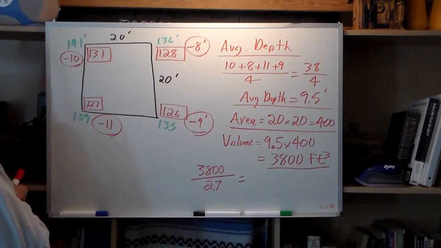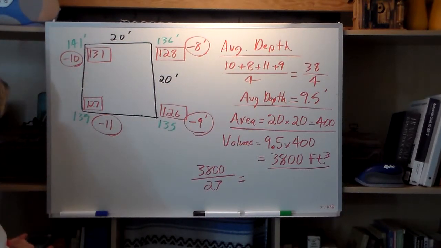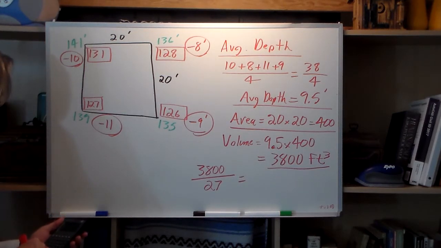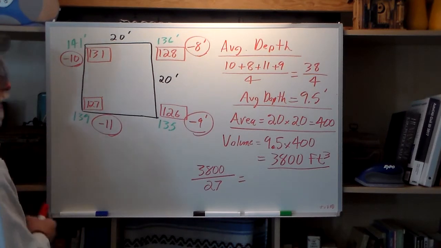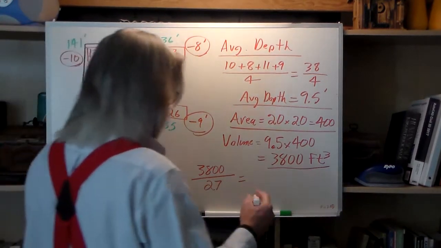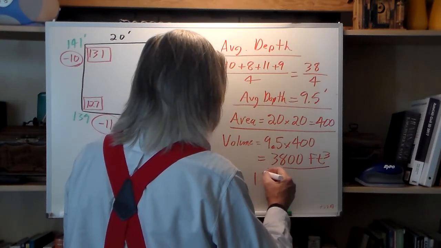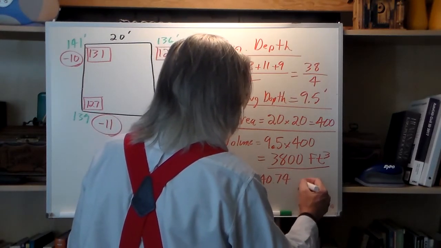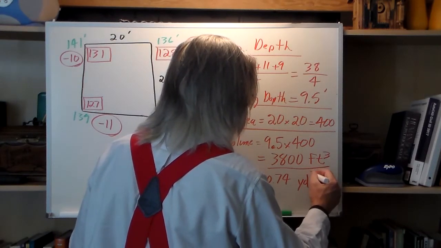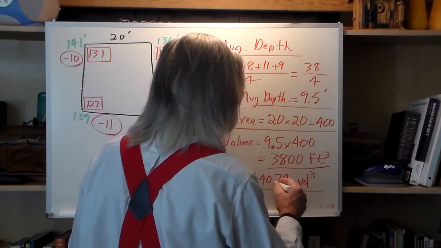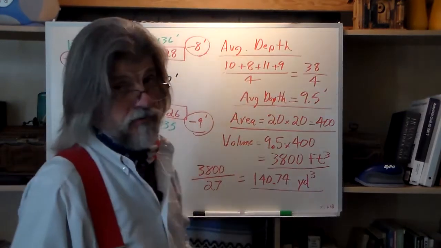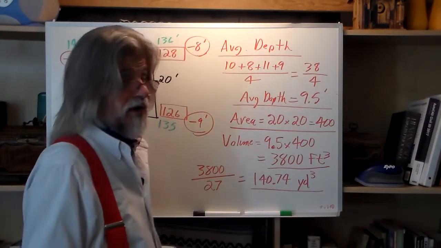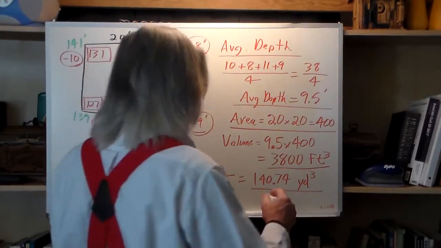Get it out, fire it up. 3,800 divided by 27. That is 140.74 cubic yards of soil. You would never write 140.74. You'd probably just round it to 141.